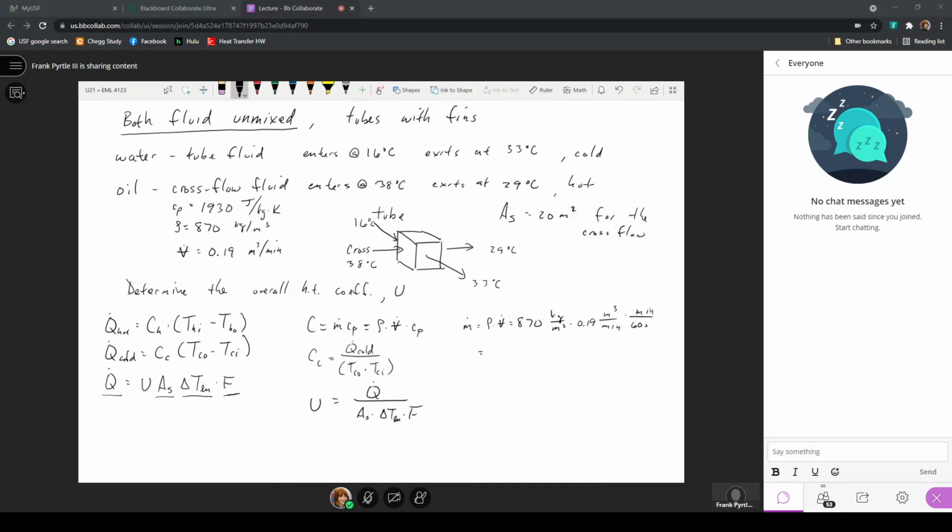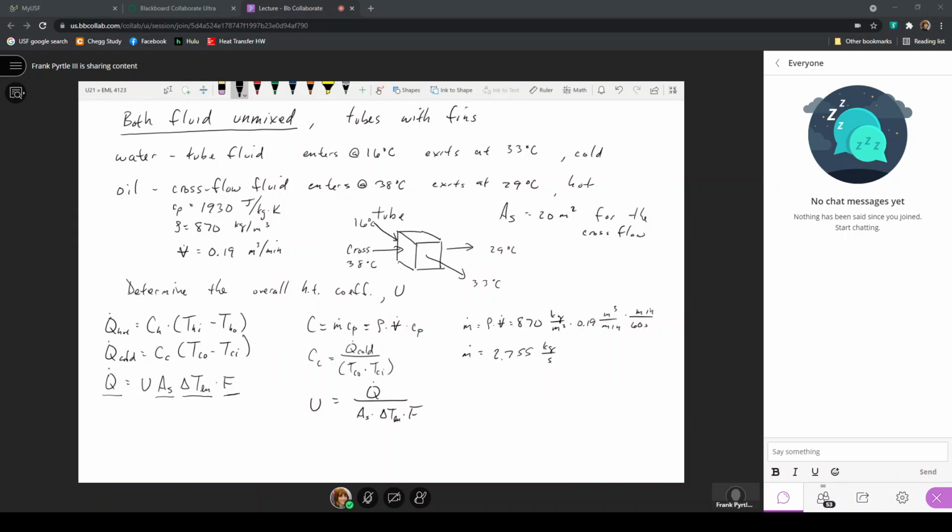So here we've got 0.19 times 870 divided by 60. All right, so this is 2.755 kilograms per second for the mass flow rate.